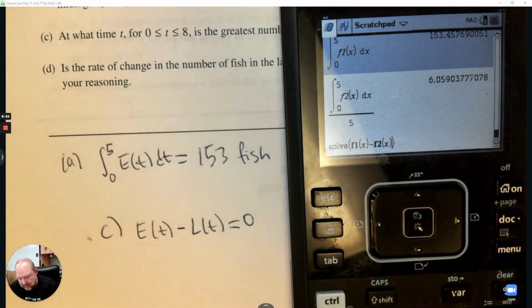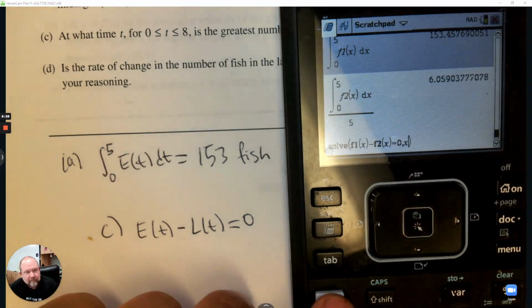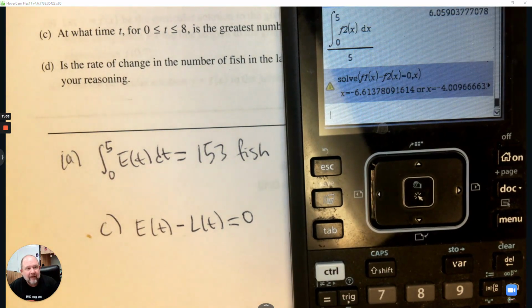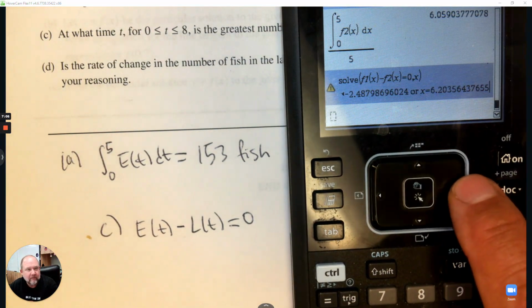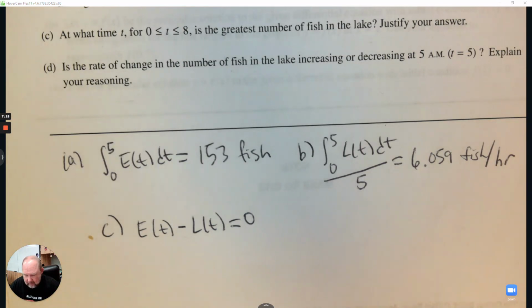Then we're going to go equals 0, and then comma x. It gives me a negative answer, and the only positive answer it gives me is 6 point something. I don't want the negative time one from 0 to 8, so the one I'm looking for there is 6.204 or 3.